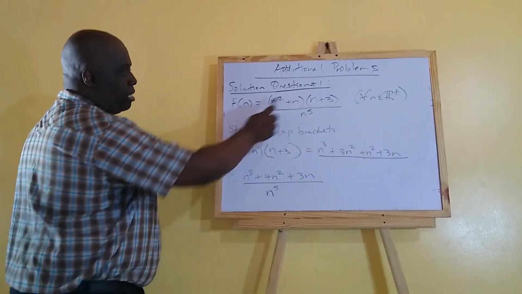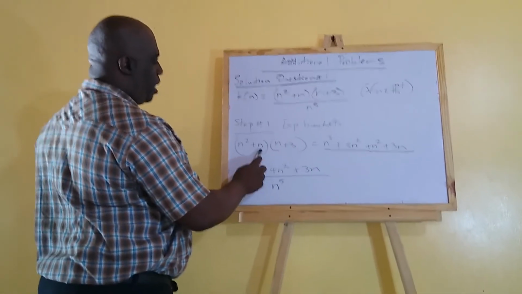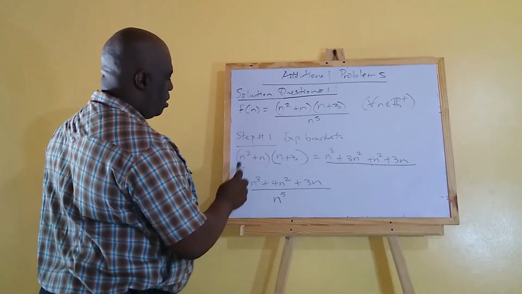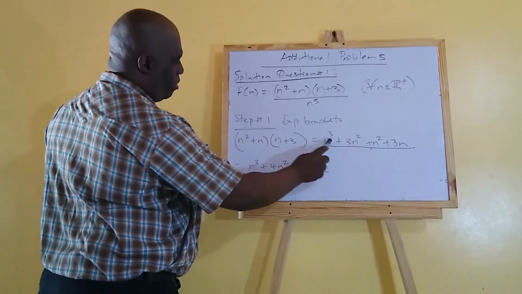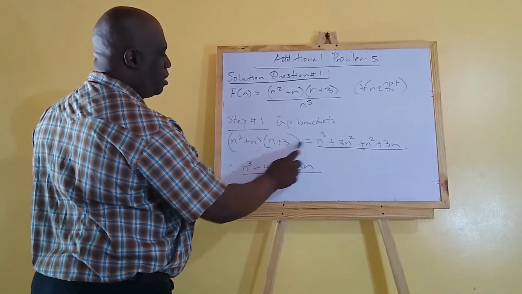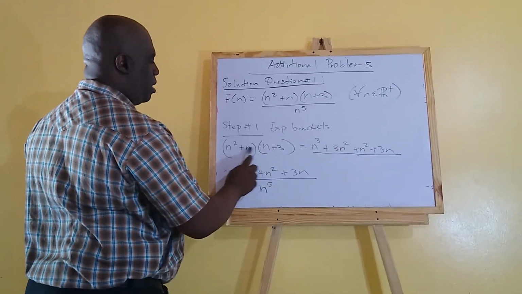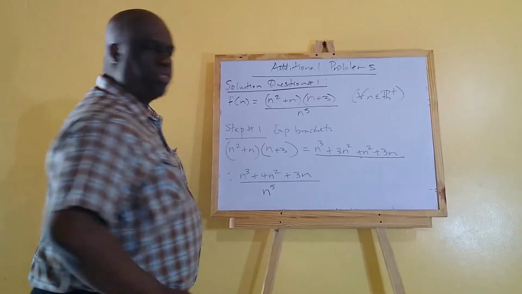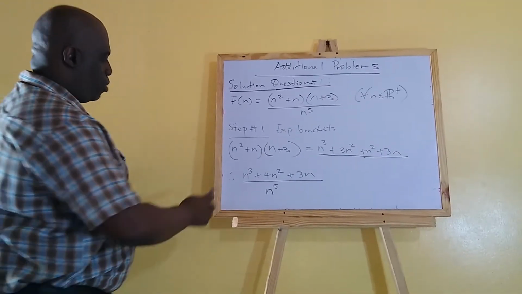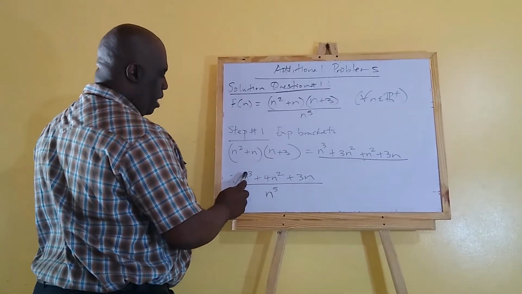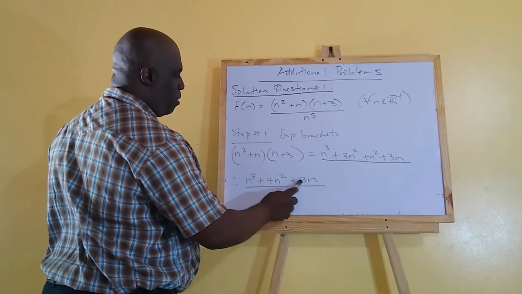So we take the numerator piece, n squared plus n into n plus 3. N squared times n gives us n cubed, n squared times 3 gives us 3n squared, n times n gives us n squared, n times 3 gives us 3n. Of course, when we take that down, this becomes n cubed plus 4n squared plus 3n.